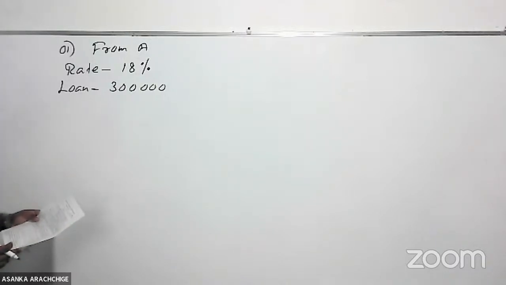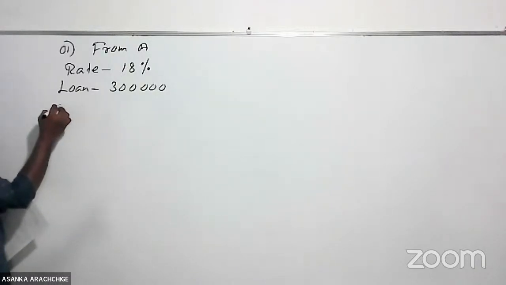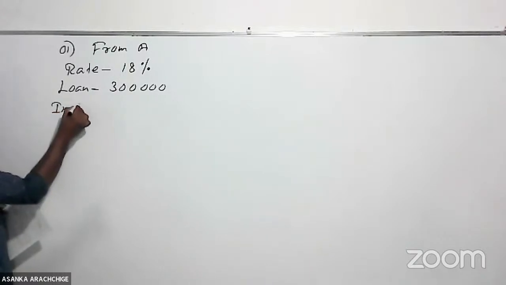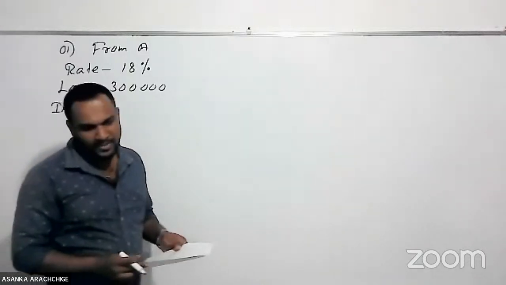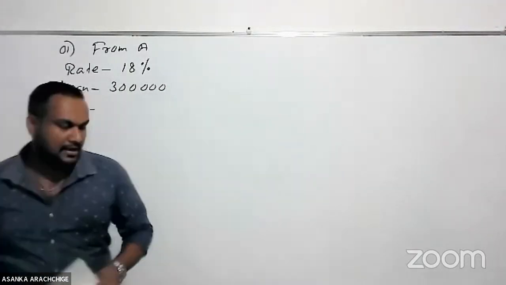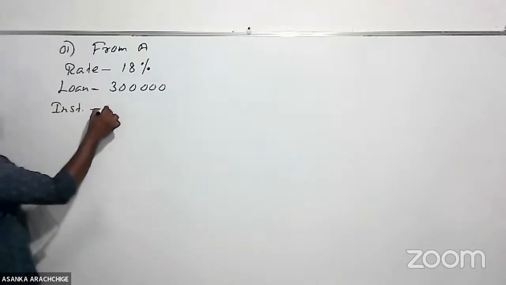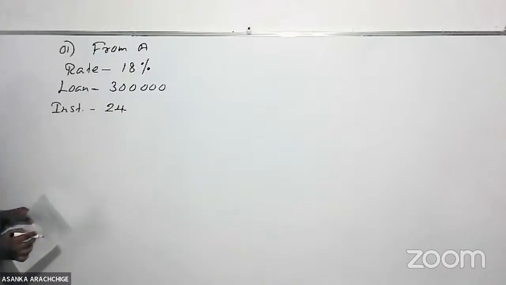And the period of time, the number of installments. Number of installments means number of months. That is for 2 years. So how many months are there in 2 years? 24 months. The number of installments is 24. Clear?